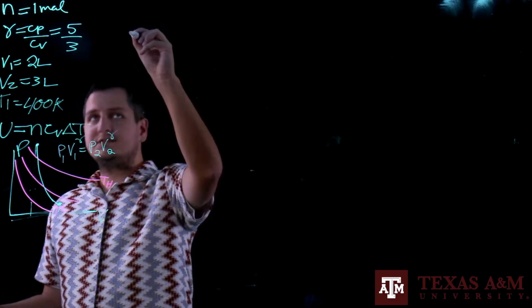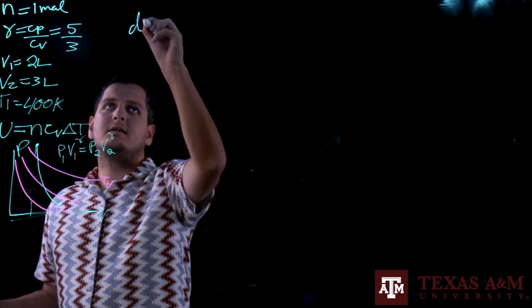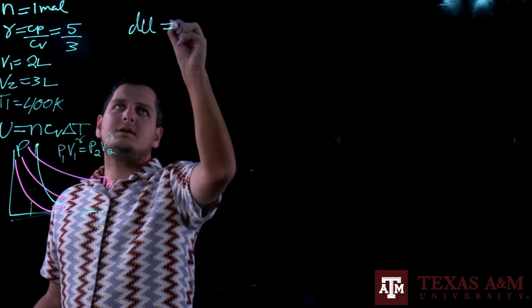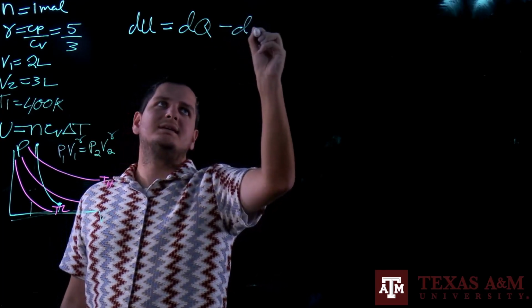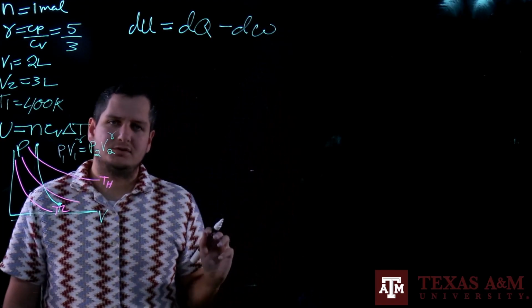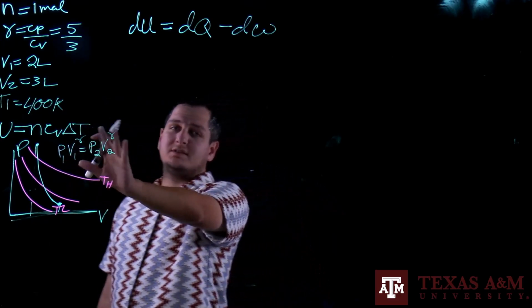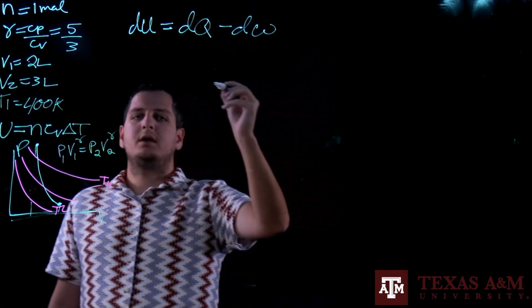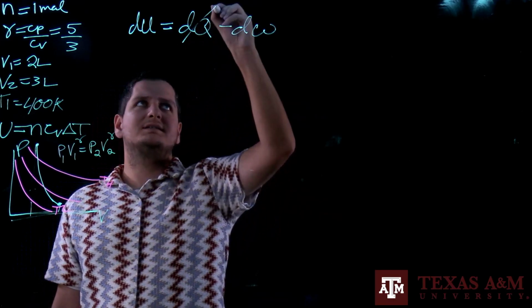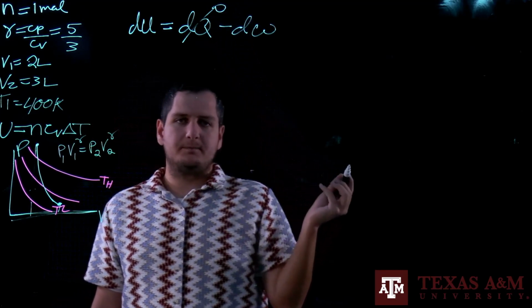So let's get started. dU is equal to dQ minus dW, right? Why am I doing the differential form? Because I want to just derive this. I'm not doing it for this problem, I'm just doing this in general. For an adiabatic process, dQ is 0.